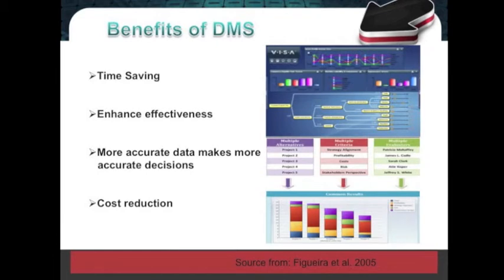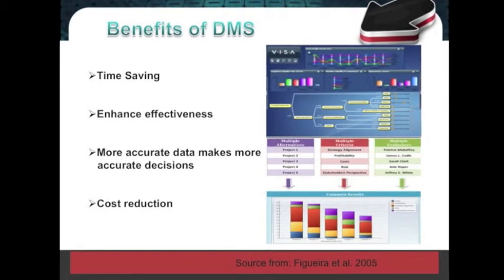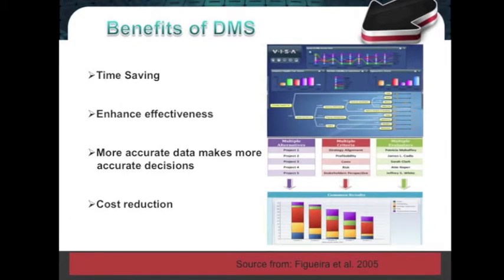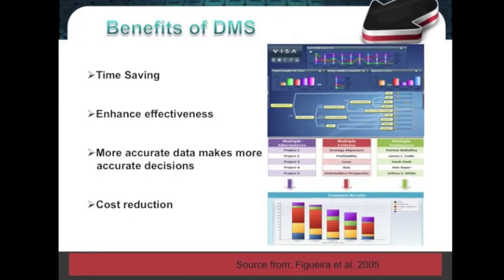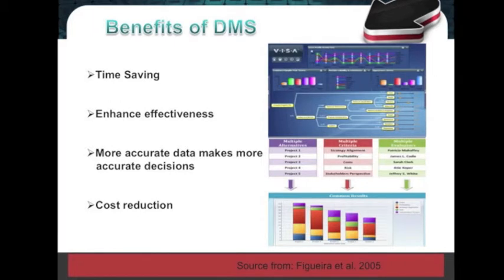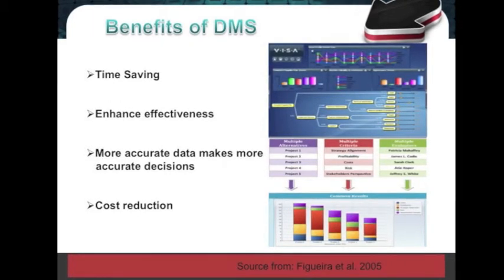As we have introduced, such a technique ranks, sorts, and chooses the best decision from different alternatives. Also, information provided by decision-making software is more accurate, which enables decision makers to make more appropriate decisions. Finally, the technique helps companies reduce costs from labor savings in making decisions and from lower technology costs.